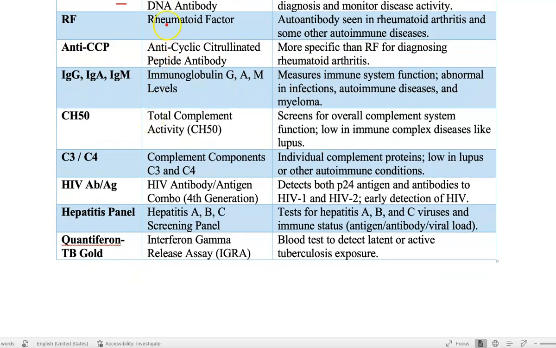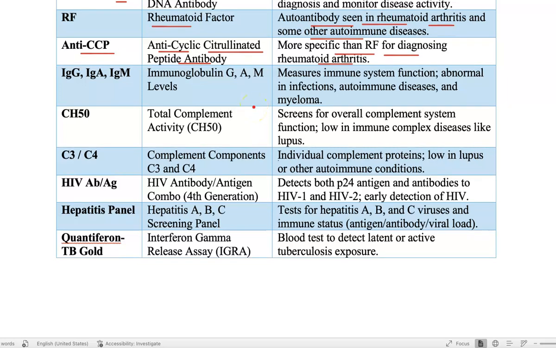What about the RF? It's called the rheumatoid factor. Autoantibody seen in rheumatoid arthritis and other autoimmune diseases. Anti-CCP, anti-cyclic citrullinated peptide antibody. It is more specific than RF for diagnosing rheumatoid arthritis. What about IgG, IgA, and IgM? These are immunoglobulin G, A, and M levels.